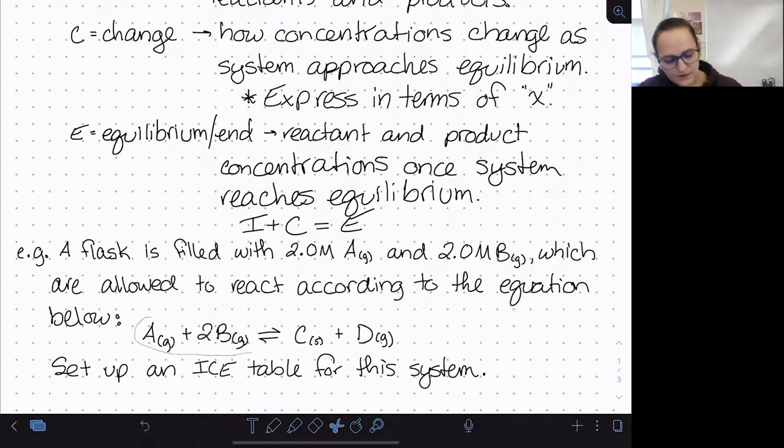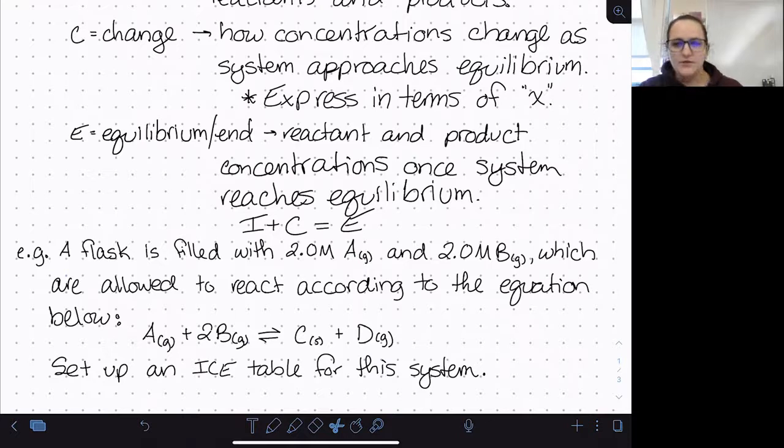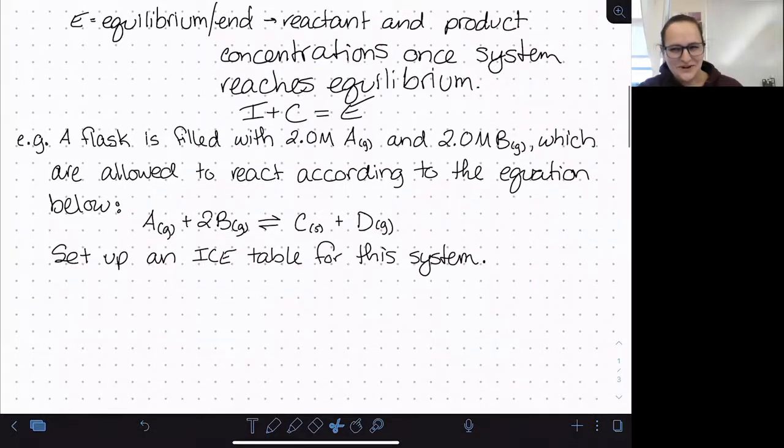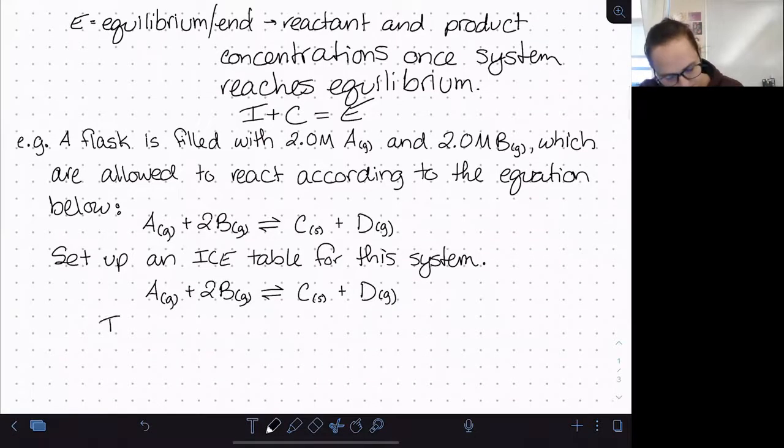So ICE tables typically have the reaction at the top. You will sometimes hear them referred to as RICE tables, where the R is for reaction. I learned them as ICE tables, so I still call them ICE tables. RICE is a newer term. So we have our reaction at the top, and we set up the I, C, and E rows underneath. Personally, I don't usually include lines in my table just because I find it too much visual clutter.